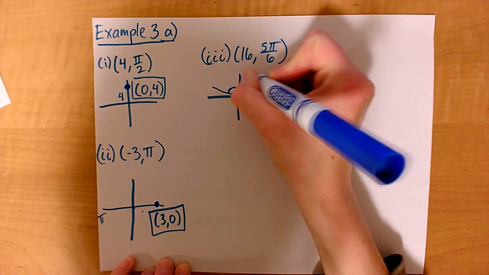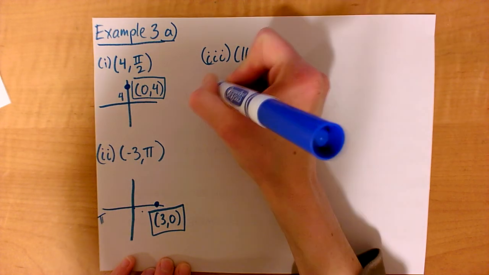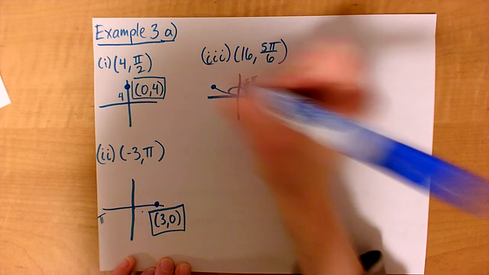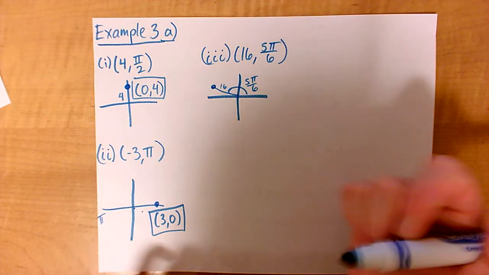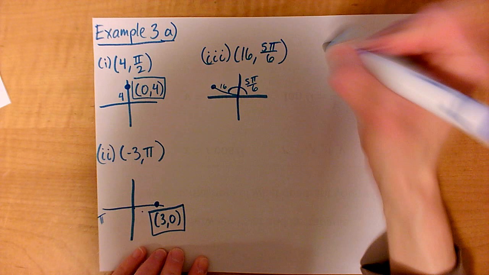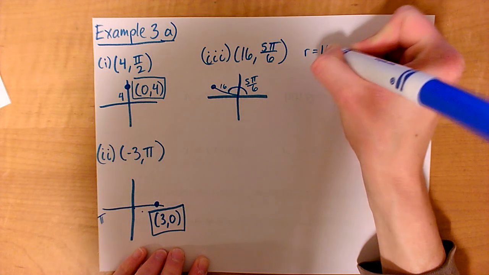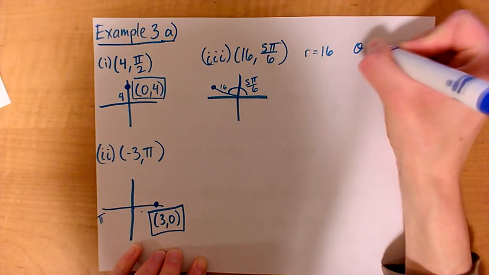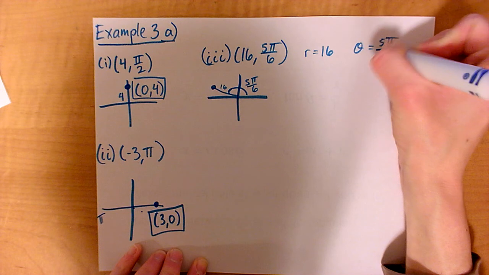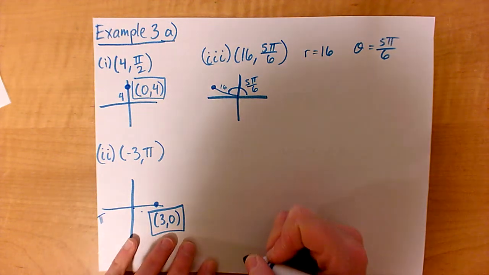It's in the second quadrant, and then we would be 16 units away from the origin. So for this problem, we know that r is 16 and theta is 5 pi over 6.